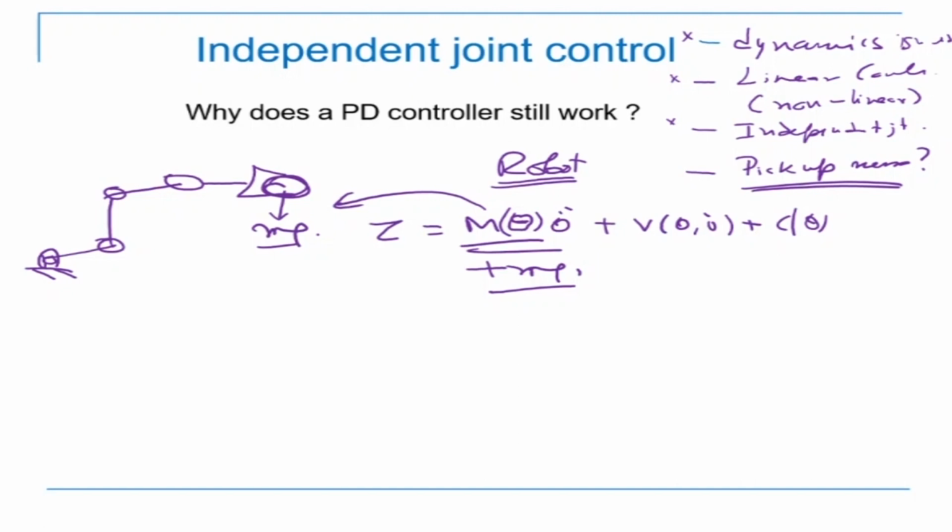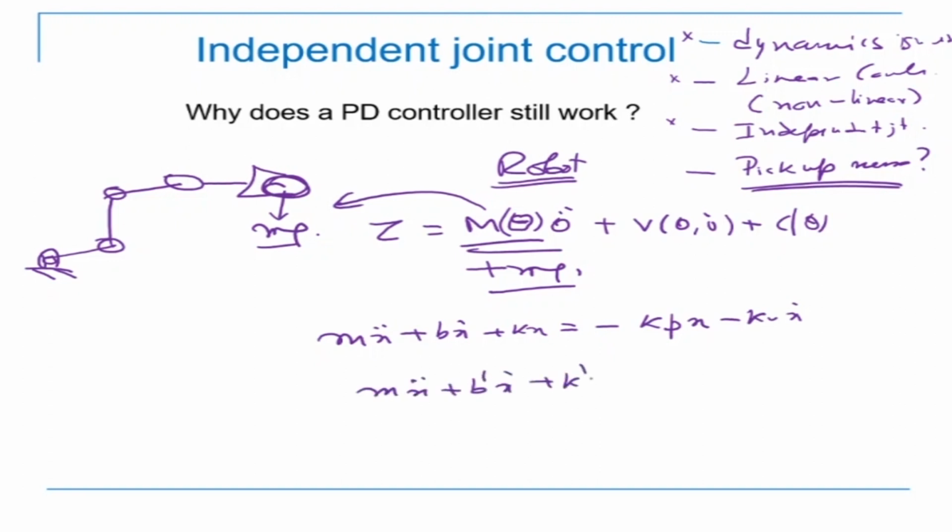Now you might say, so what? If you look at this equation and think a little bit, when we designed our position regulator controllers, it was m x double dot plus b x dot plus k x, or any kind of controller we designed, it was minus kp into x minus kv into x dot. When we designed the system, it meant that this m, b and k are fixed.